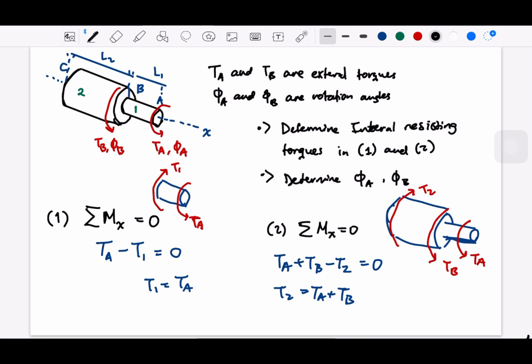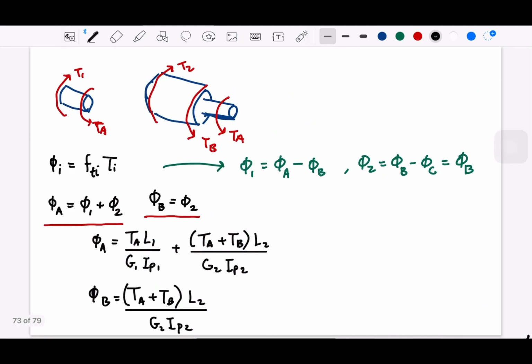So we can have relations between these two, and at the same time we can look at the twisted angle. We can write the twisted angle with this small phi, which involves L, G, and the inertia.